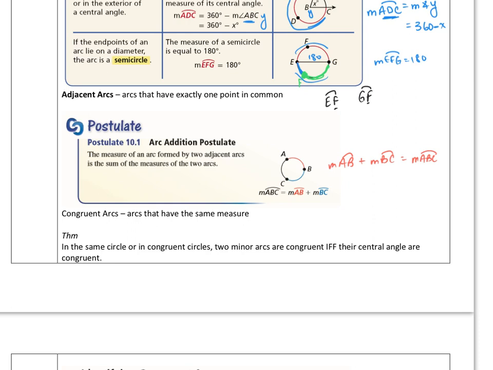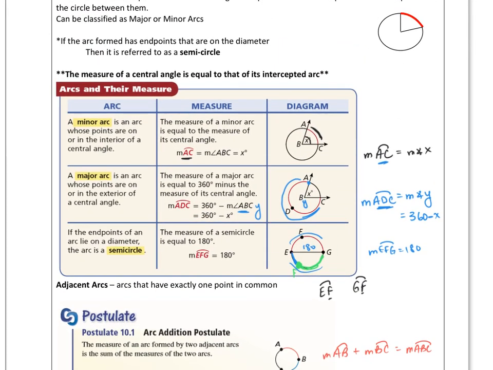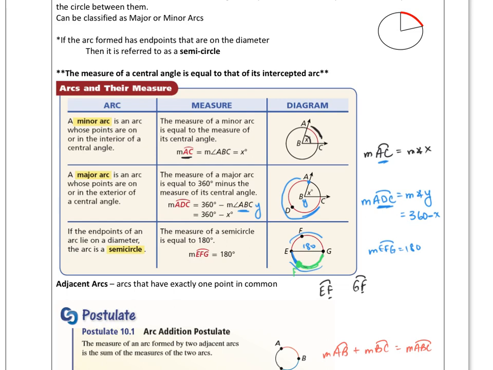Remember, if you had this central angle, and suppose I made another one right in here, and these two were congruent, then the arcs would be congruent. If the arcs were congruent, then the central angles are going to be congruent. So it works both ways.